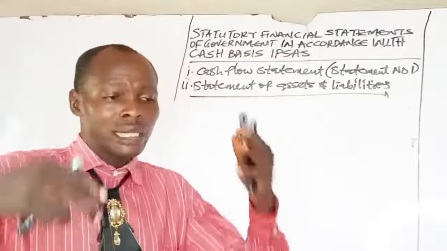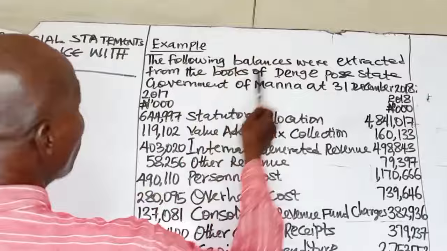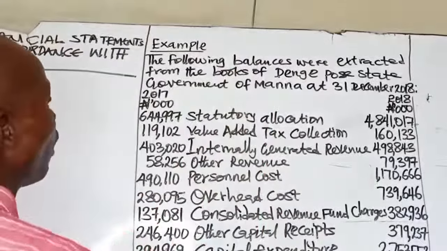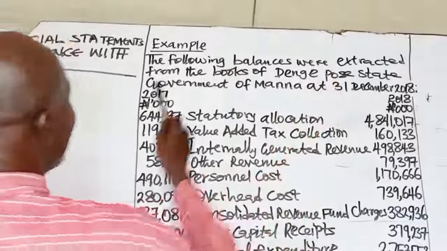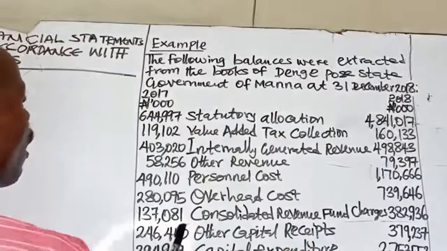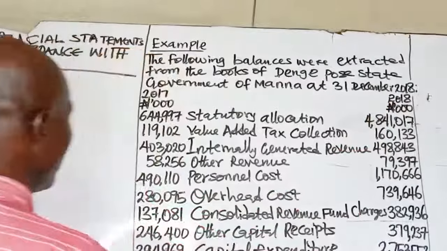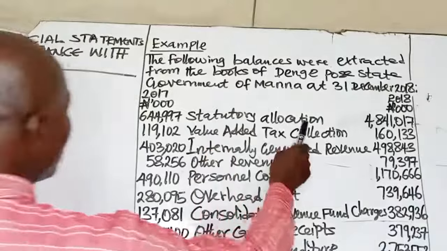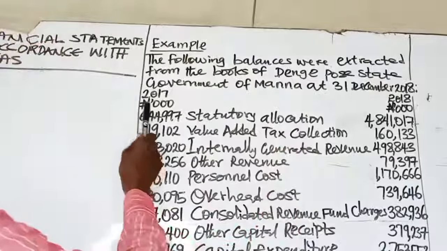Now, example, the following balances were extracted from the books of Dengepo State Government of Mana at 31st December 2018. We have the value for 2017, which is the comparative figure for 2018, and also for that of 2018. Statutory allocation, 2017, 644,997, while 2018, 4,841,017.